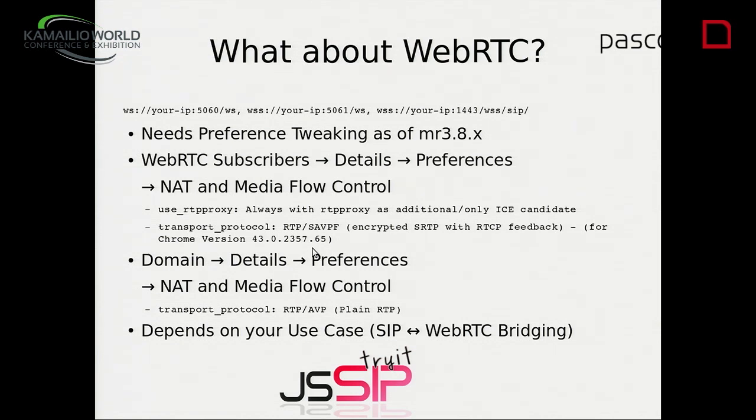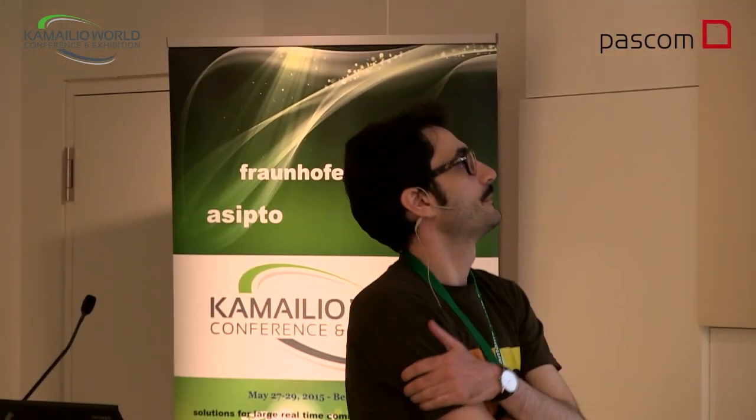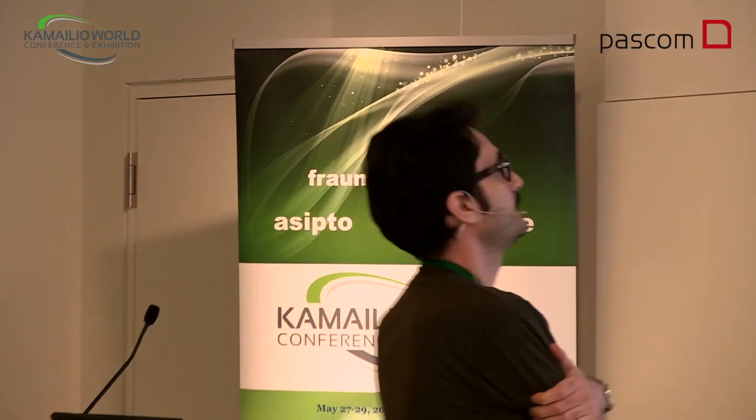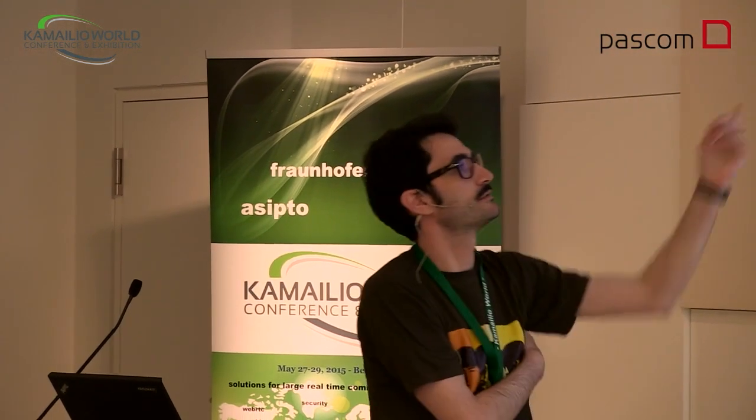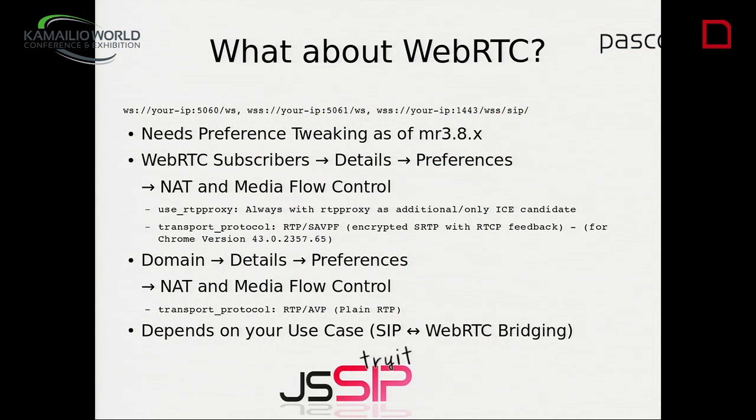What we can try now to do is WebRTC. By default, and out of the box, the SIP provider binds and listens on these three WebSocket ports. We need to tweak a little bit the configuration in order to be able to communicate between a WebRTC client and a SIP client, for example.